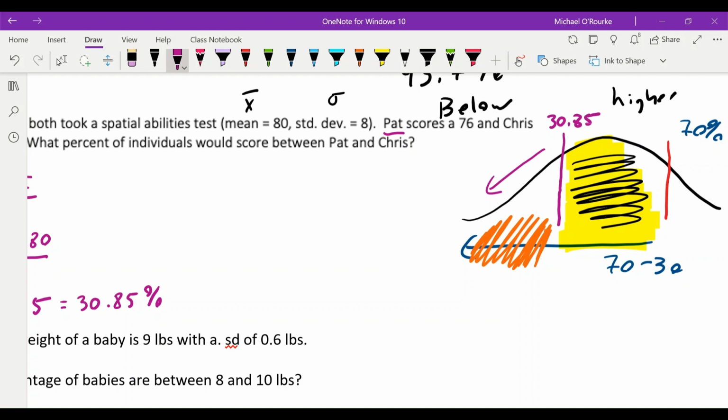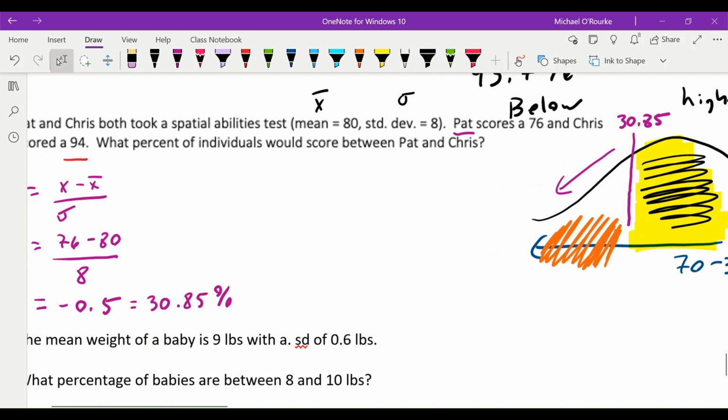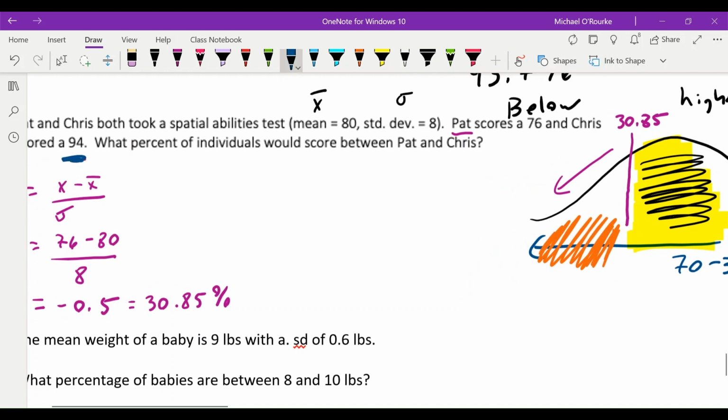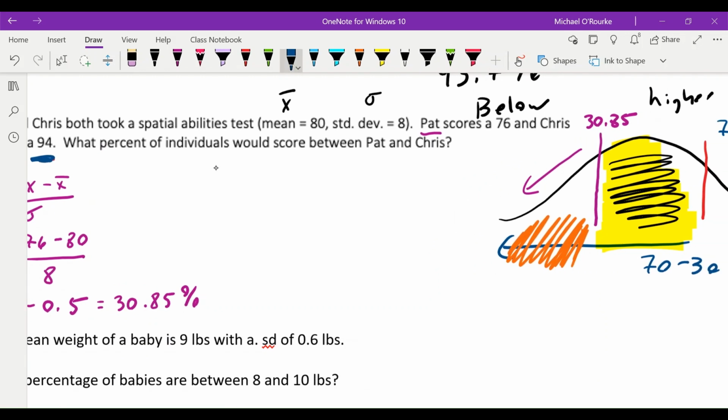30.85%. Now we're going to do this guy in blue. So his z-score is going to be x minus the mean divided by standard deviation, which equals 94 minus 80 divided by 8, which is 1.75.